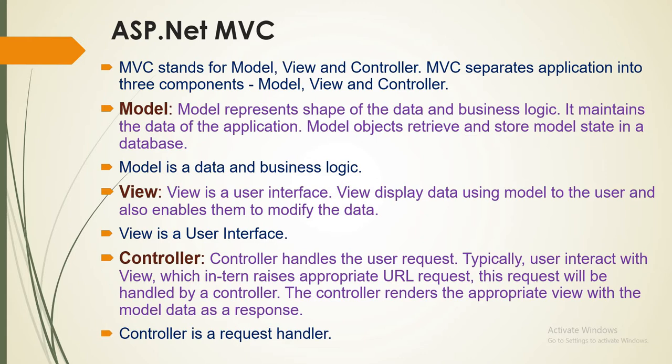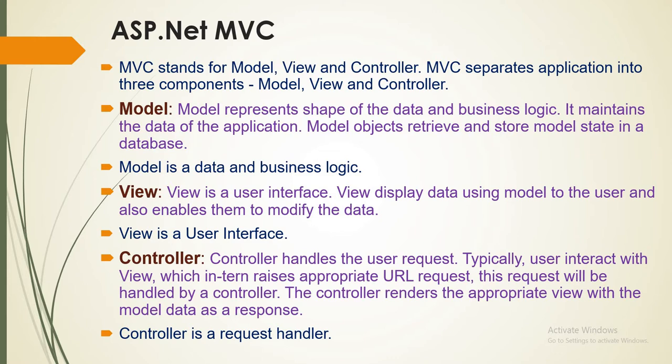So all the business logic we are going to write in the model class. Okay, so it maintains the data of the application. Model objects retrieve and store model state in a database. So model is data and business logic, which we are going to use for writing our business logic.